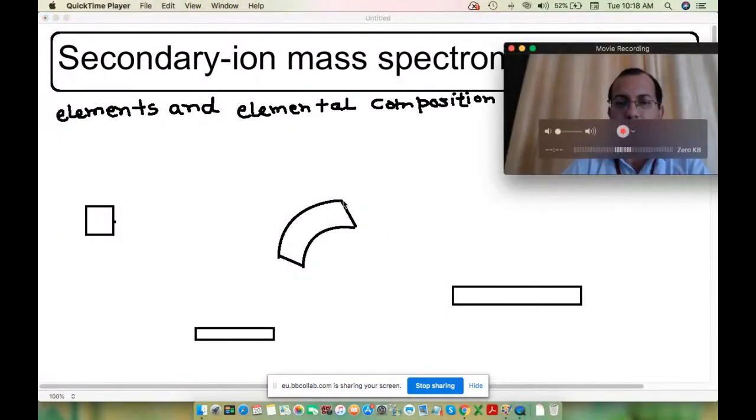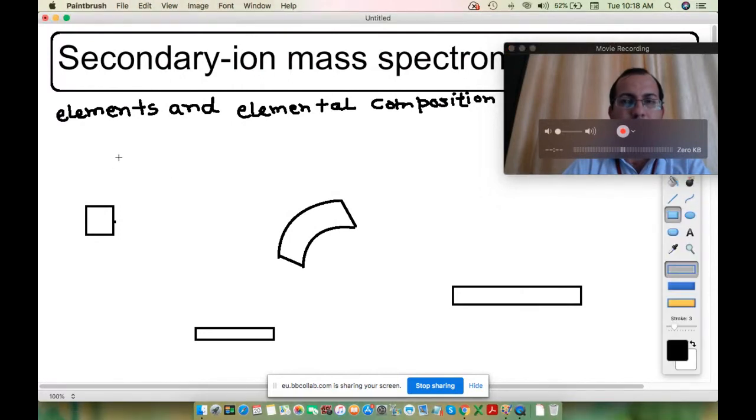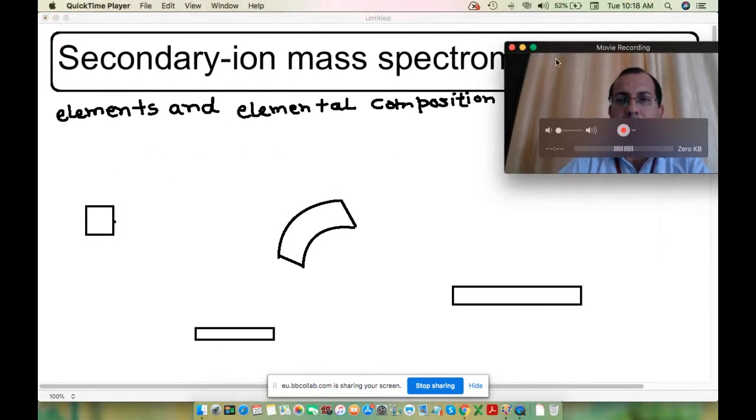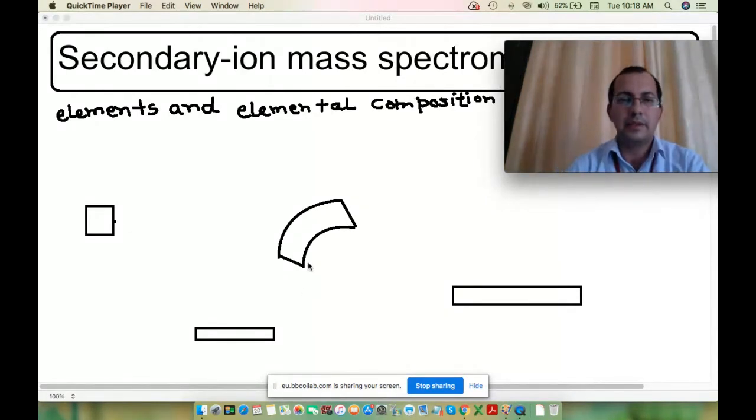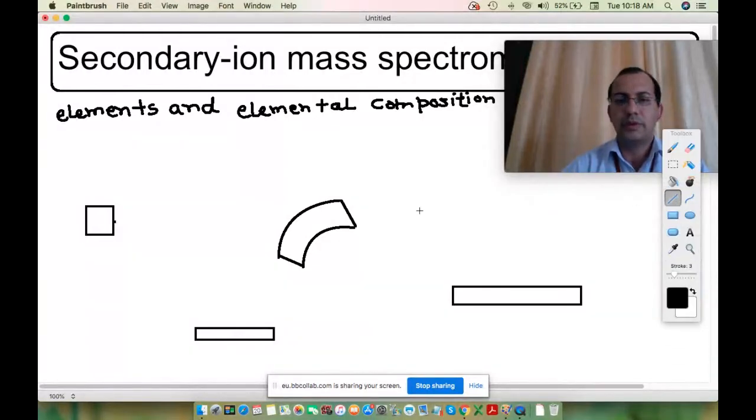Let me pull out this information for you. You would have the ions incident on the surface of the sample. That is the first thing we need.